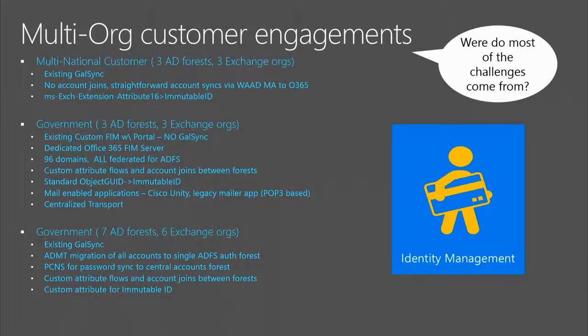So where do most of the challenges come from? As Tim talked about earlier, the other Tim, it is identity, and I said it earlier on this slide, it is the foundation and the glue that will make multi-org hybrid work. Don't underestimate the effort. Whether you need an identity specialist, as Tim has coined a term here, or basically you need someone with identity expertise to sit and assess the customer's environment, do the planning up front, and look at your short-term goals.